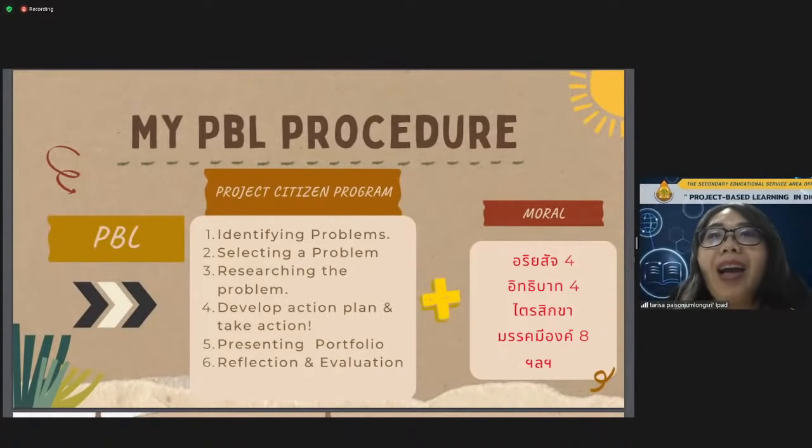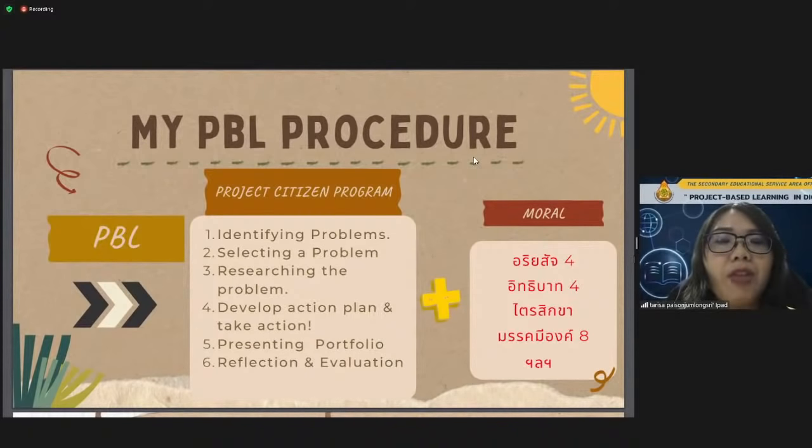It combines the Project Citizen program and moral principles. I will use moral principles to mix with my procedure. Okay, the Project Citizen program has 6 steps, as you can see on my slide.